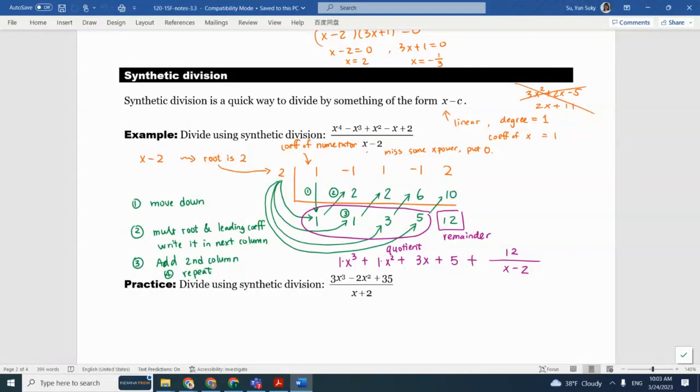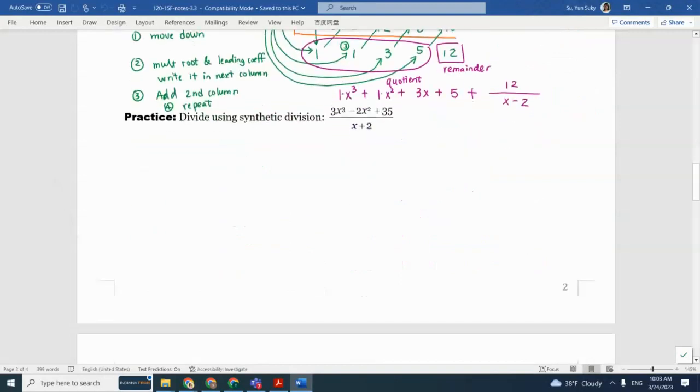The last number is the remainder, and the previous numbers are the quotient. When you read the quotient, you look at the last number. This is the constant term, and then you increase the power of x. So 5 plus 3x plus x squared plus x cubed. Okay, everybody?